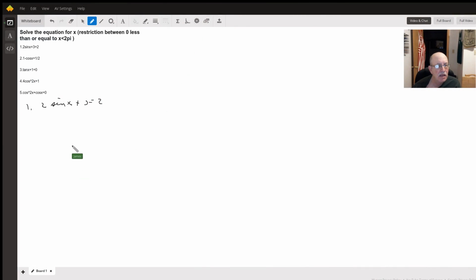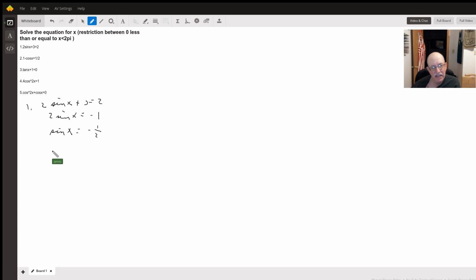Hello. Well, for number one here, first we want to solve this for sine of x. So we'd subtract 3 from both sides and we get 2 sine of x equals -1. Then we're going to divide both sides by 2 and we get sine of x equals -1/2.